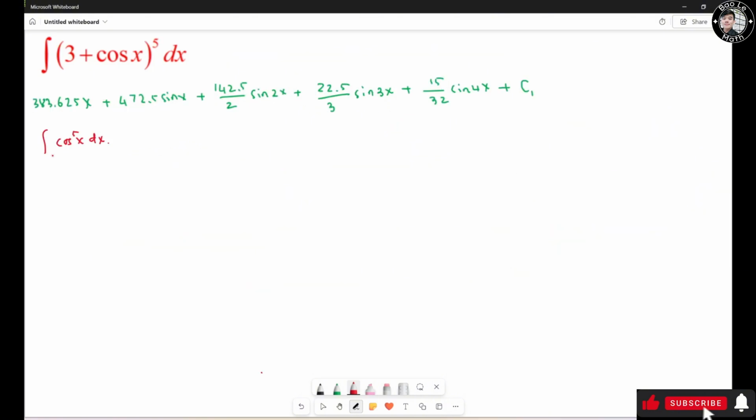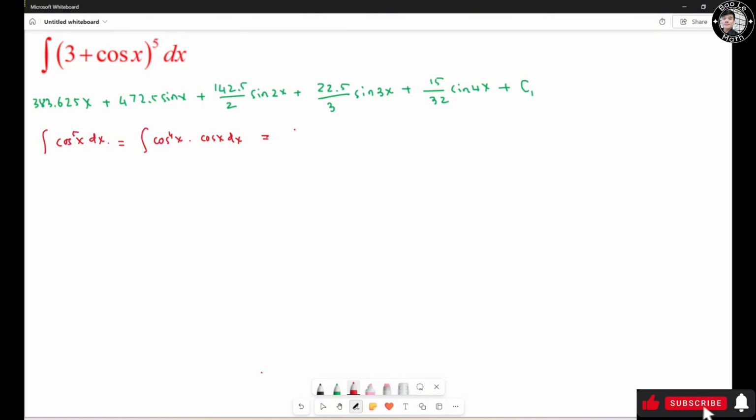Now we need to calculate the antiderivative of cosine to the fifth of x dx, right? So this one can be written as cosine to the 4th of x times cosine x dx, right?